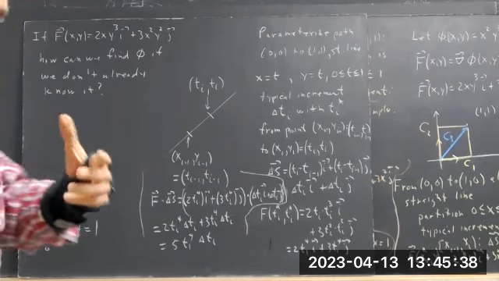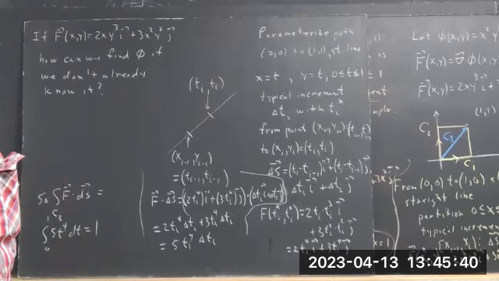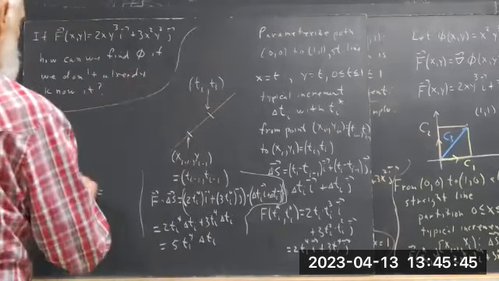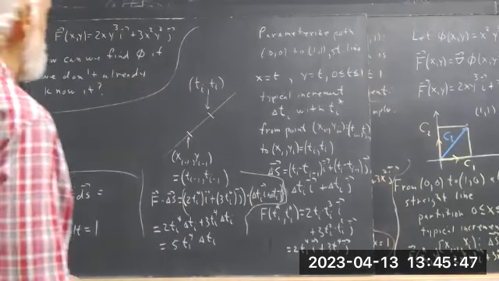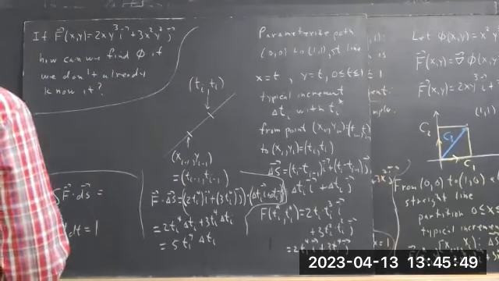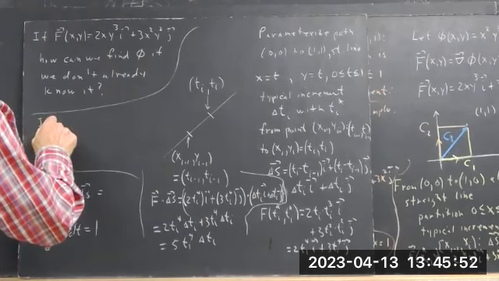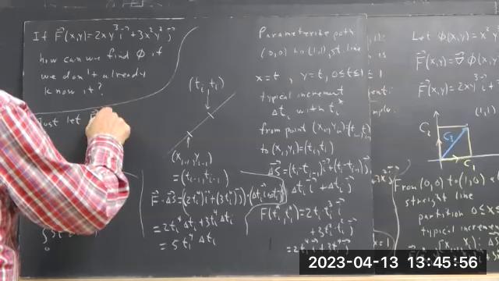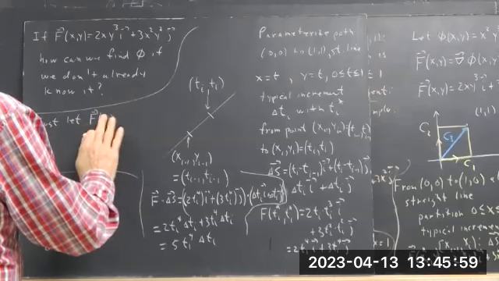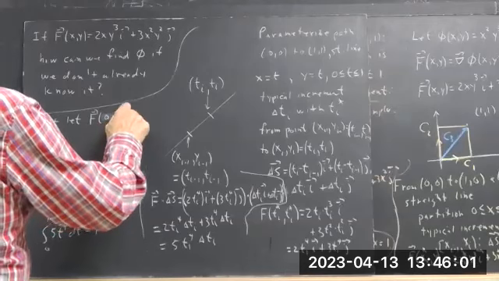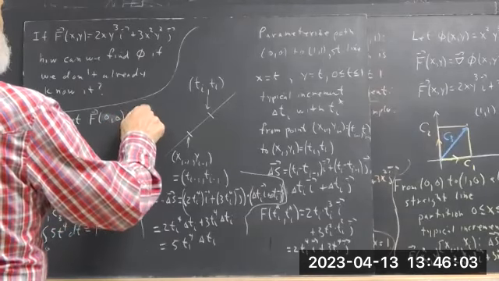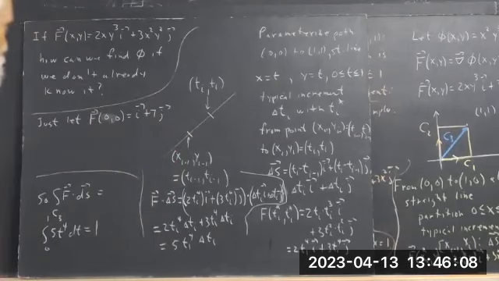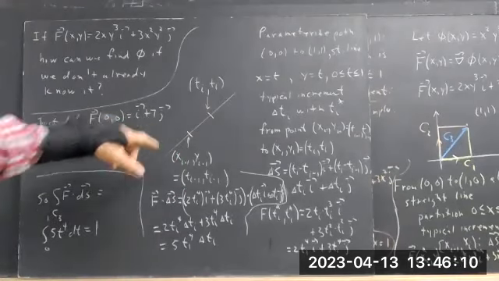Well, find it. Okay, we're going to let phi at (0, 0) equal i plus 7j.